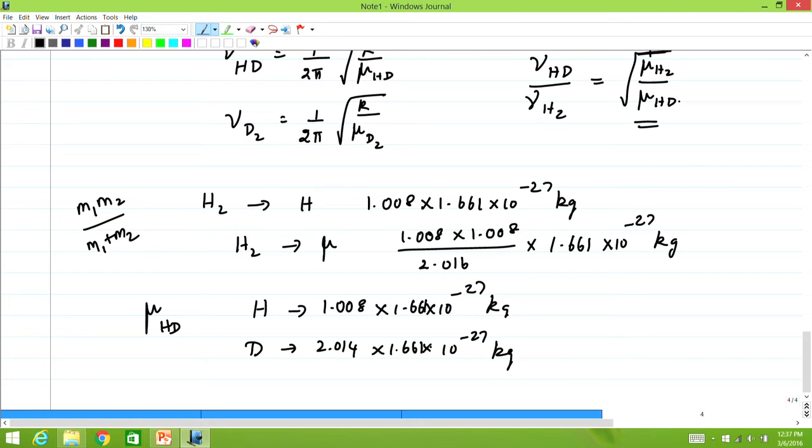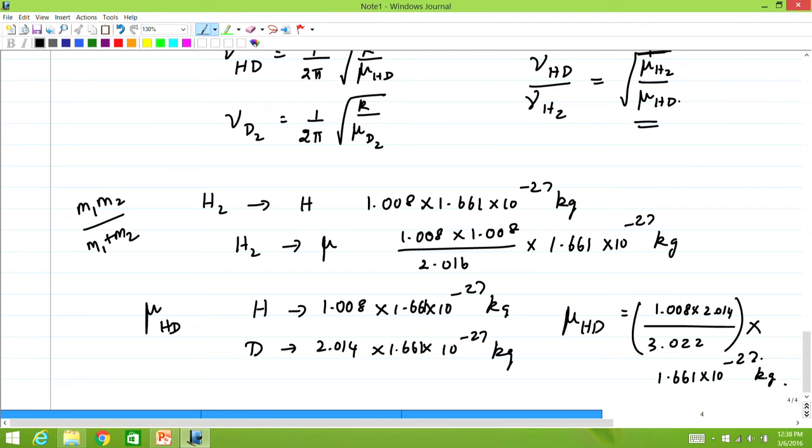Therefore, the mu of HD can be calculated as 1.008 times 2.014 divided by 3.022, the sum of the two, times 1.661 times 10 raised to minus 27. So, this is the mu of HD. You can see that the mu of HD is slightly more than the mu of H2, and therefore, the square root of this number tells you that the nu of HD is a little less than the nu of H2.